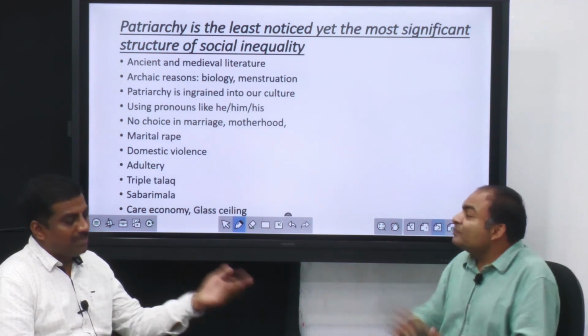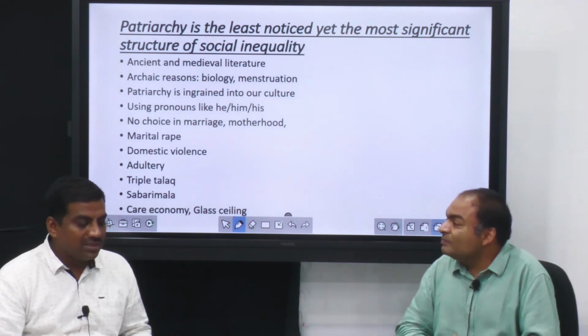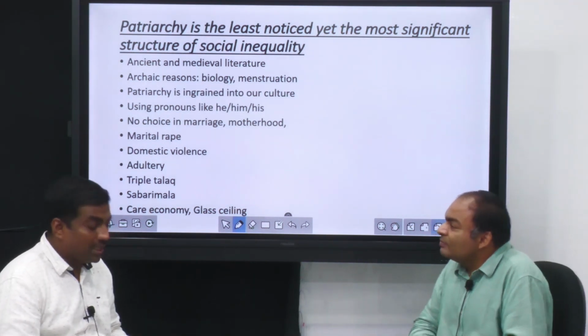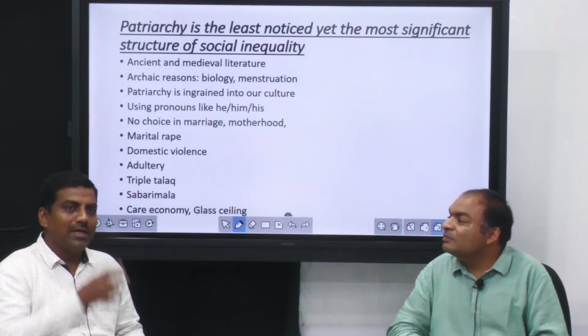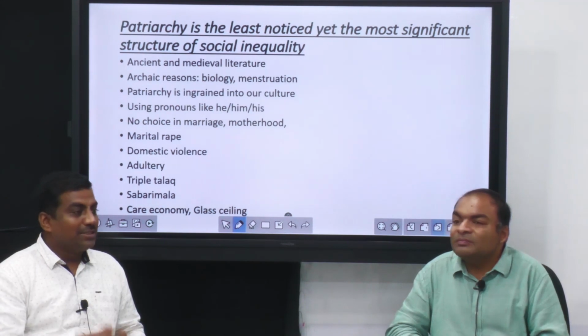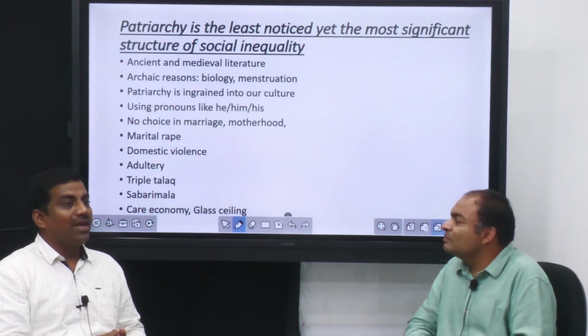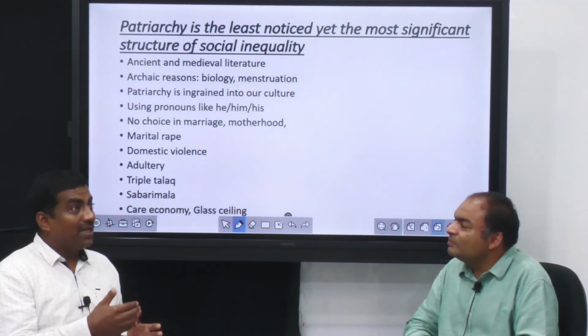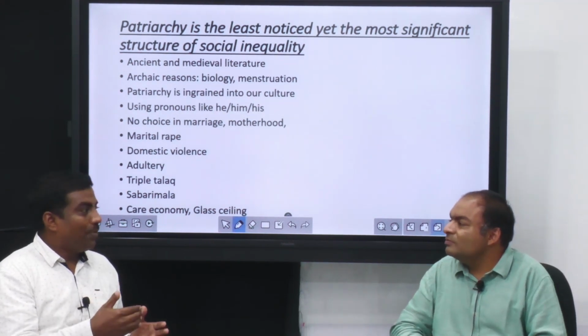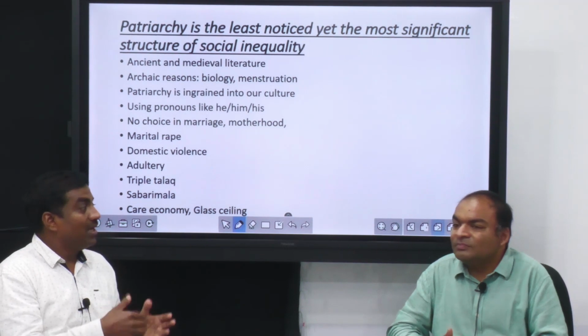And even when we have seen amendments to the adultery laws, indirectly it is institutionalizing the extramarital affairs of the man, but the law is very silent upon the extramarital affairs of women.